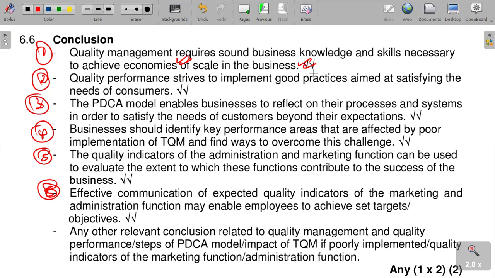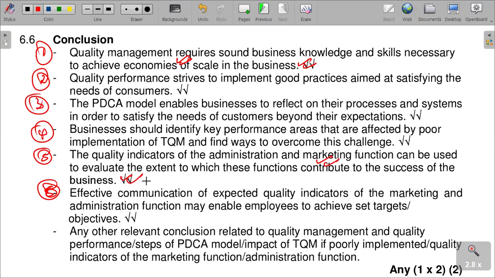It can also be on quality performance, which strives to implement good practice aimed at satisfying the needs of customers. The quality indicators of the business administration and marketing function can be used to evaluate the extent to which these functions contribute to the success of the business.